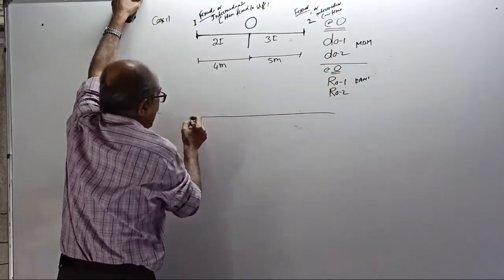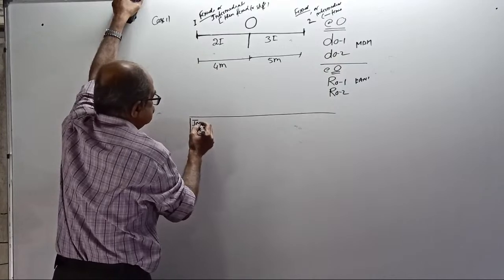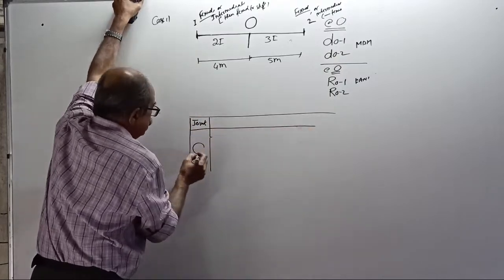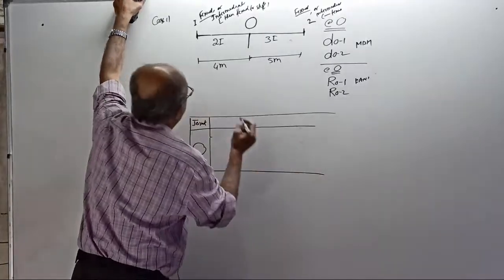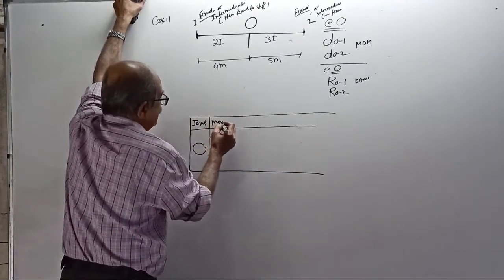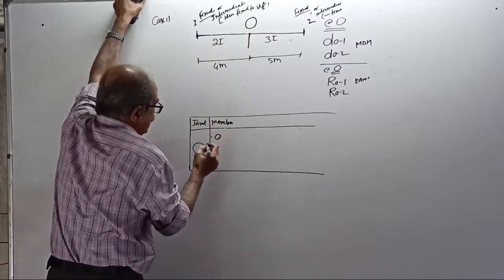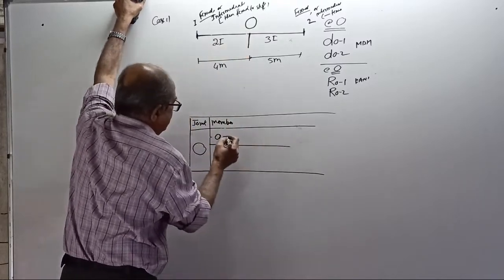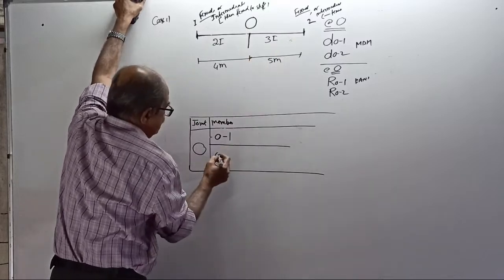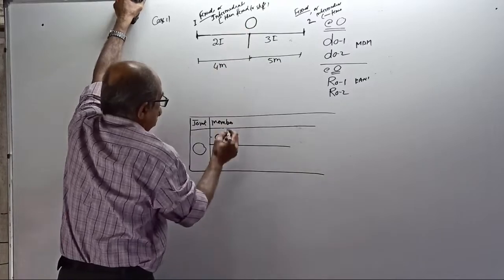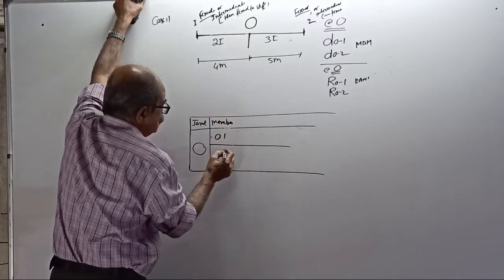Now, prepare a joint. Our joint is O. Then write the members here. Left side member is O1, right side member is O2. So the joint is O, with members O1 and O2.